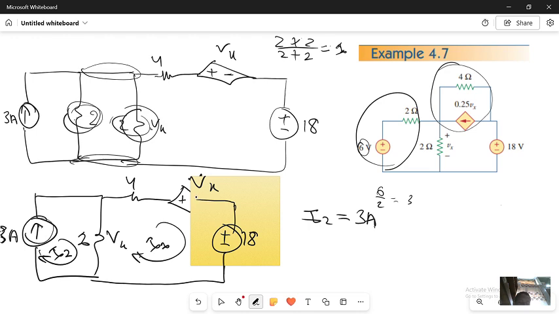Now we have to use mesh analysis in this one. When we use mesh analysis, you will get I1. When you get I1, you will directly determine the value of Vx.